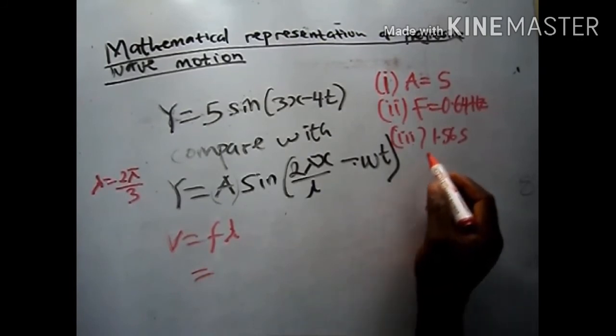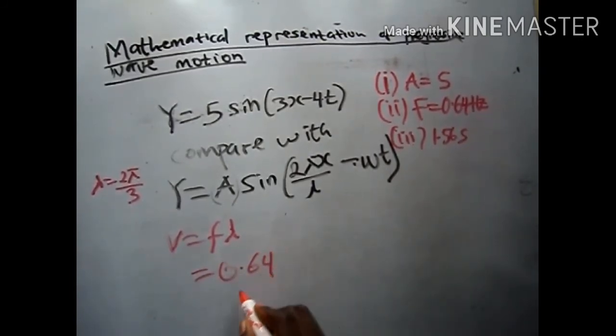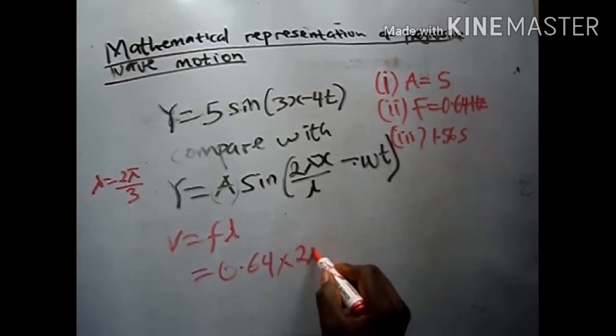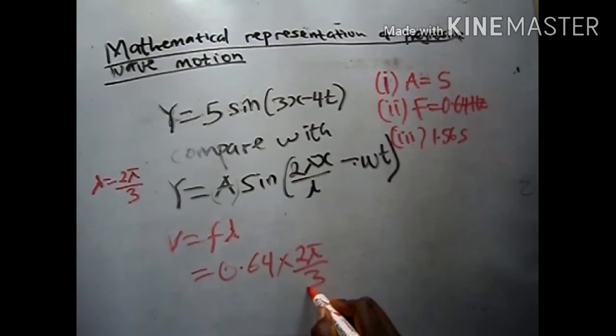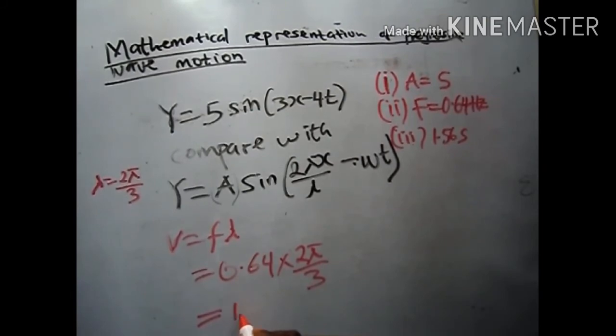We have our f to be 0.64 multiplied by 2 pi divided by 3. Now punch this on your calculator and you're going to have 1.34 meters per second. Here is the speed of the wave.